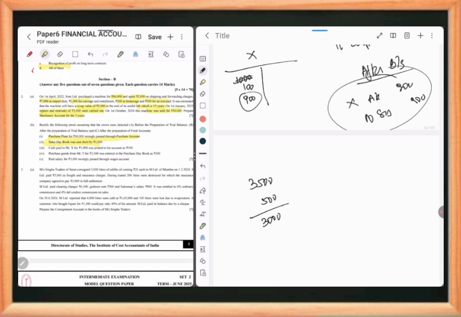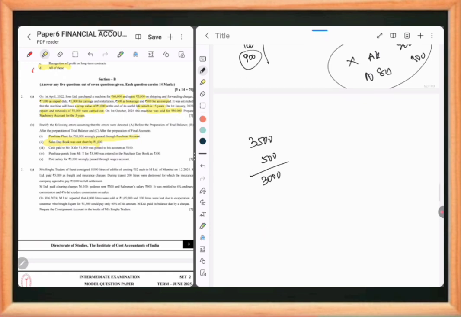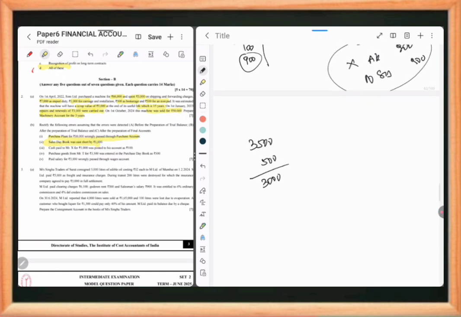So purchases account should be debited for rupees 3,000 in this case. So purchases account is debited to T, for rupees 3,000 more, because instead of 3,500 we entered only 500 rupees.